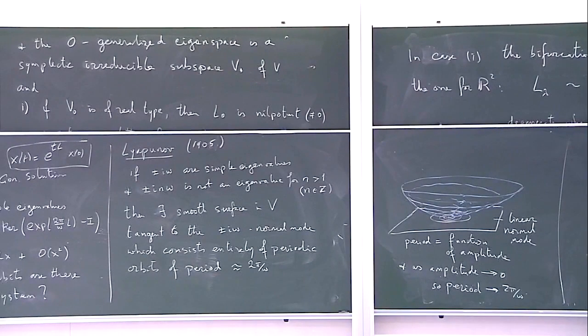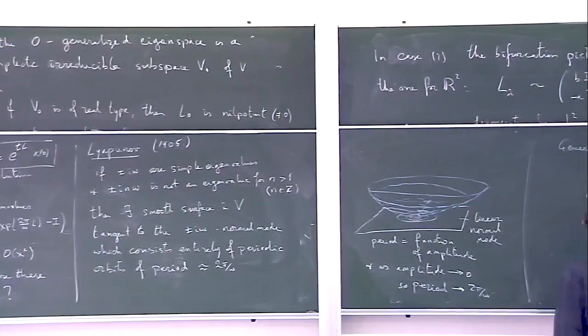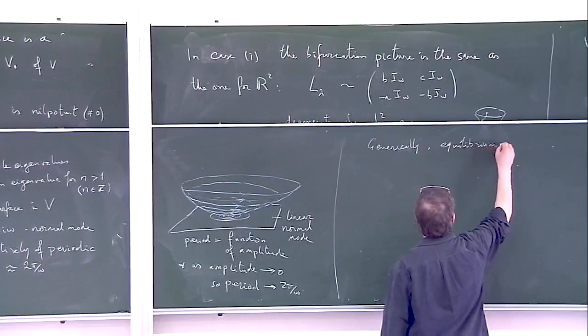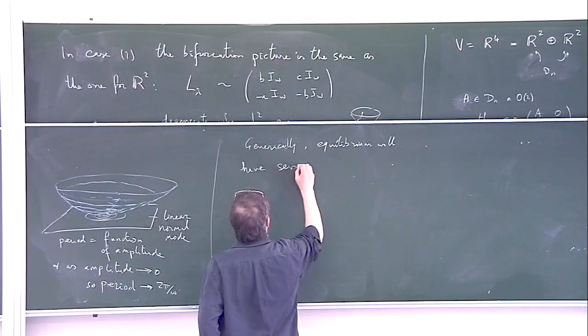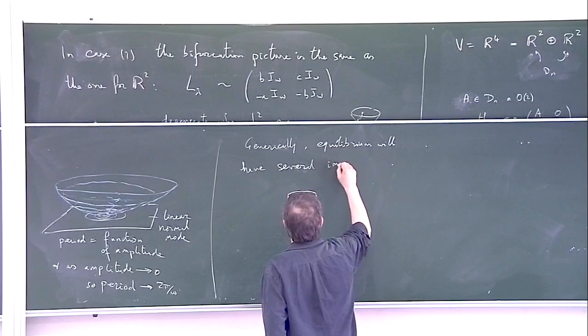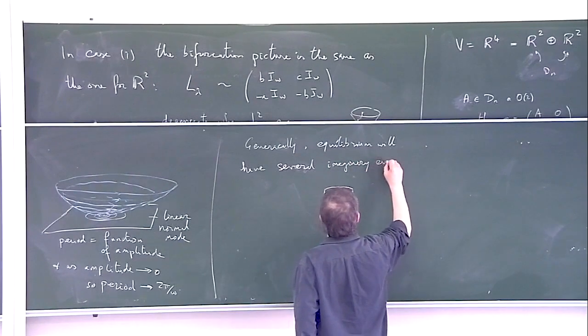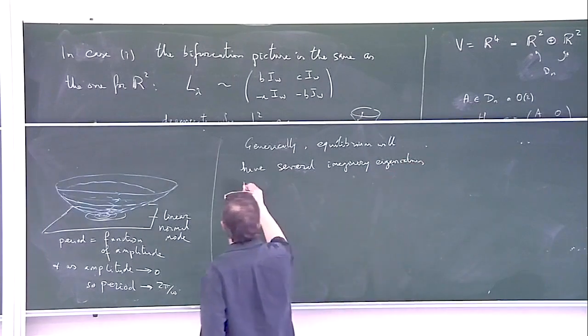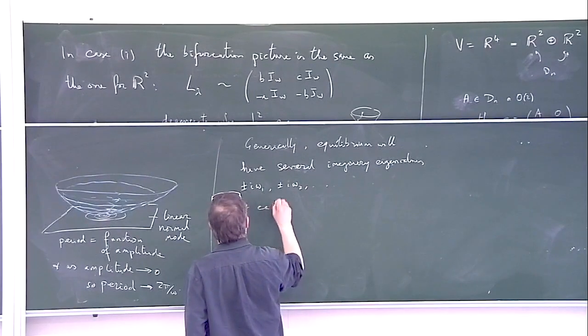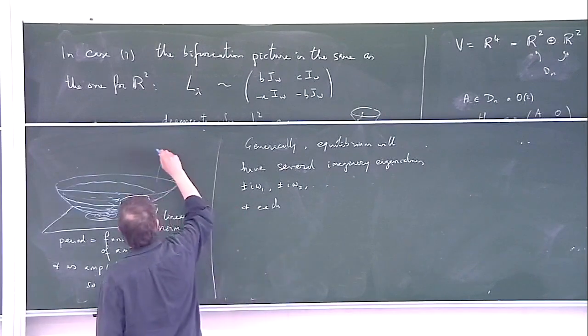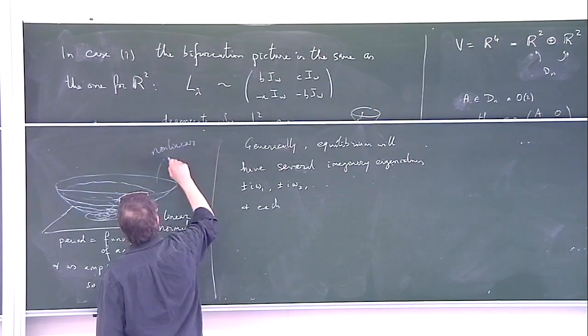So, generically, you would expect an equilibrium will have several imaginary eigenvalues, and each gives what we call a nonlinear normal mode.